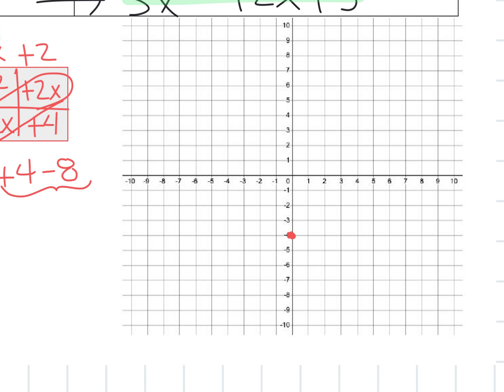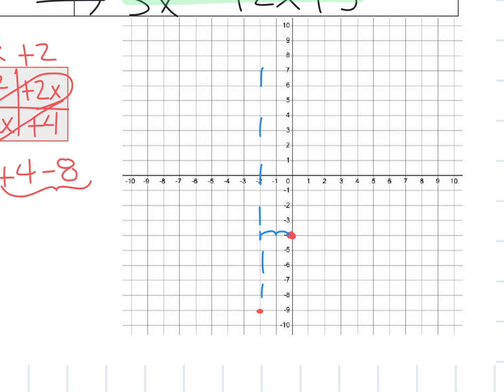And our vertex was -2, -8. Okay, if this is my vertex, I want you to remember that our graph is being split in half right here. From my axis of symmetry to my y-intercept, it's 2.